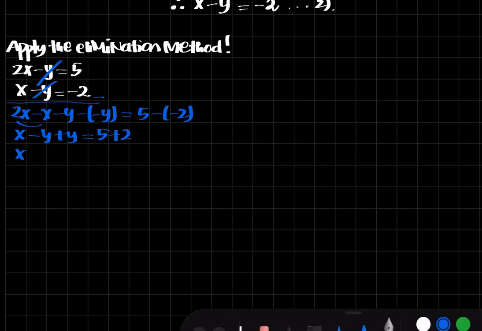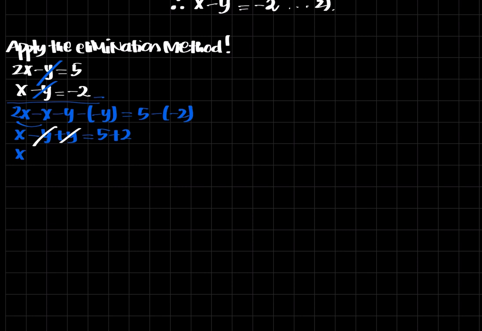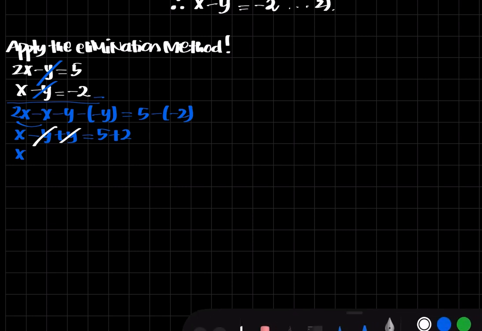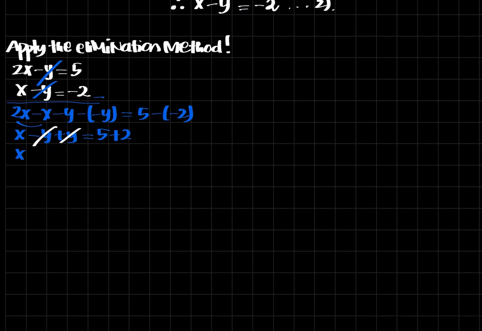So then x equals 7. So I have x equals 7. So to find y, substitute x equals 7. I'm going to use one of the equations, because this is equation 1 and that is equation 2.